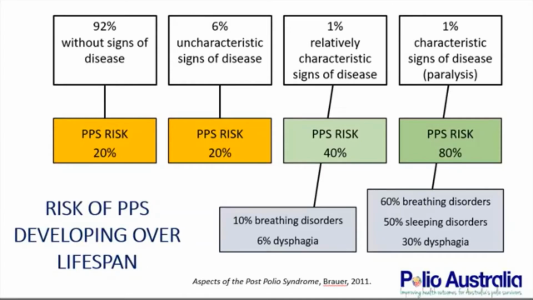We'll move over a level to the relatively characteristic signs of disease and the post-polio syndrome risk of 40%. 40% of those 1%, which is 50, equals about 20 people developing post-polio syndrome decades later.